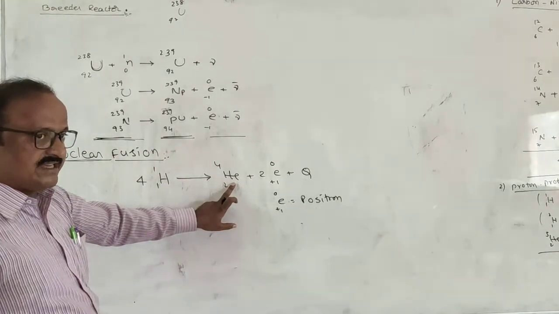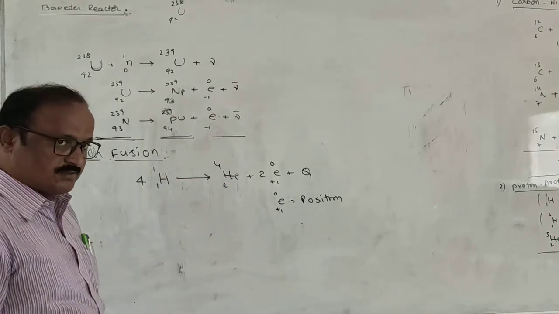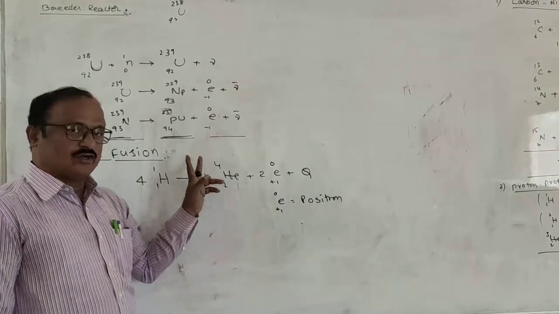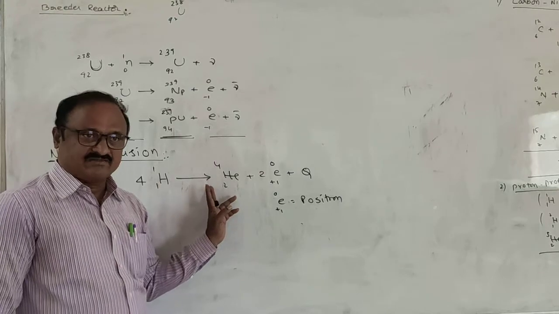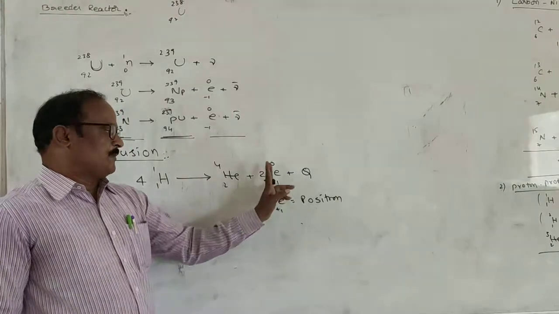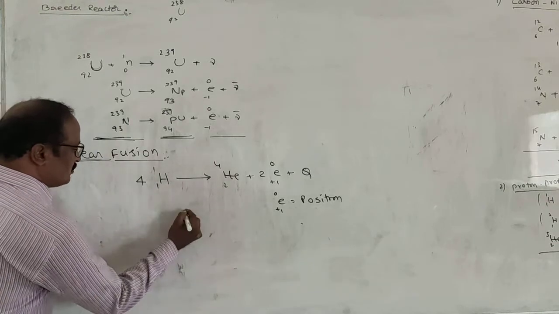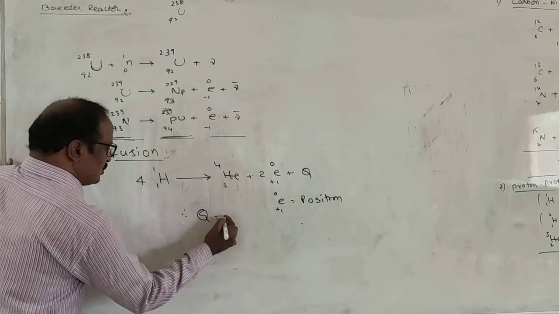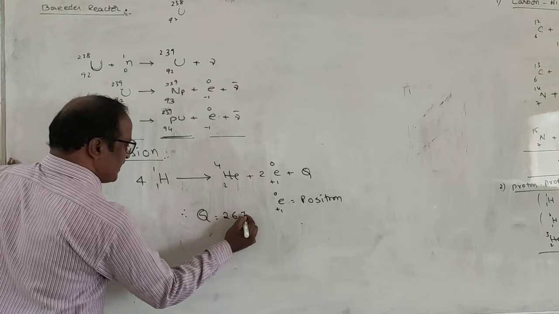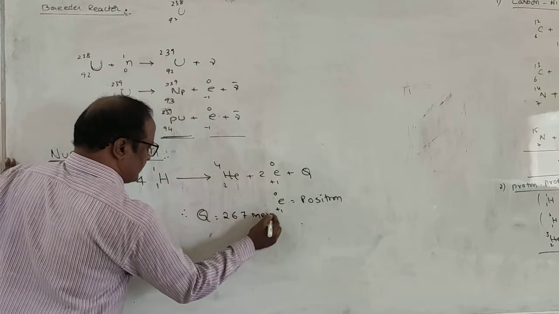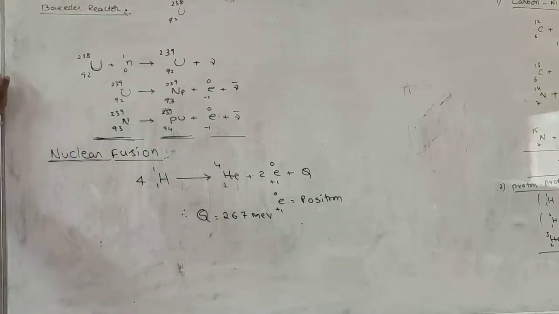Helium nucleus is very stable compared to the protons. Average binding energy of helium is approximately 7.7 MeV. 2 positrons plus some amount of energy is emitted. Here, the amount of energy released in this case is nearly 26.7 mega electron volts.